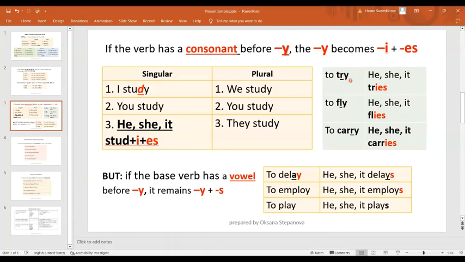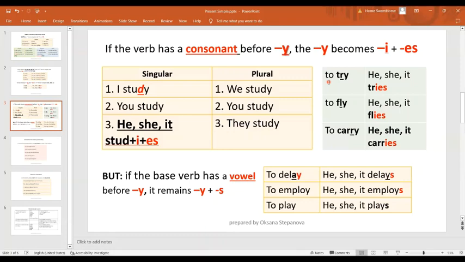Now look at these examples here. To try, infinitive. Do you know why infinitive? Because "to" means infinitive. What is infinitive? It is a dictionary form of the verb, or basic base form of the verb.